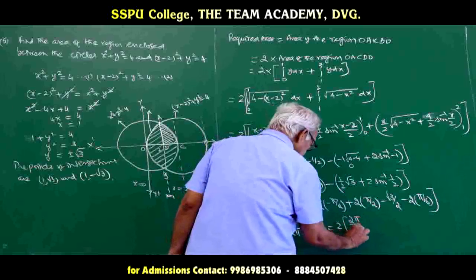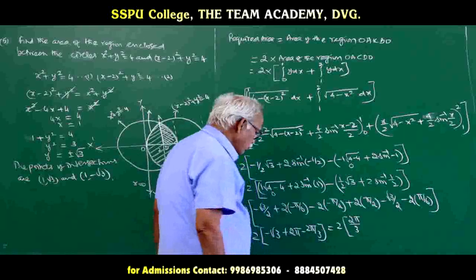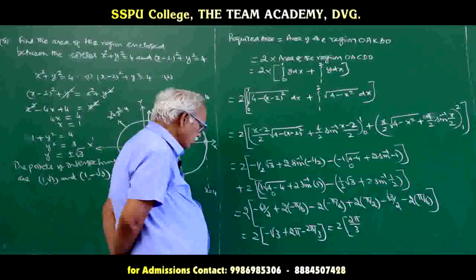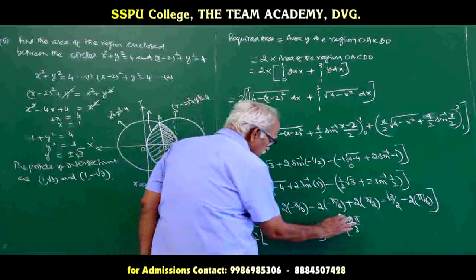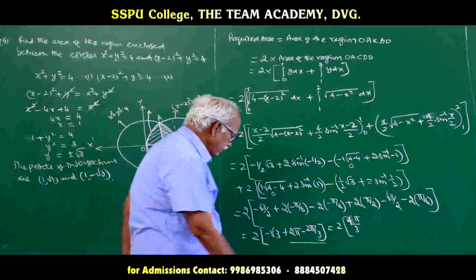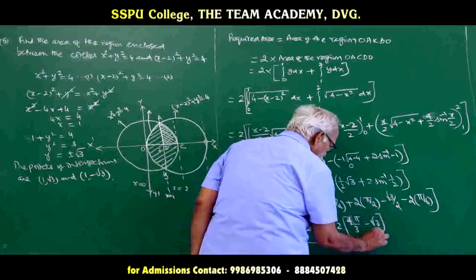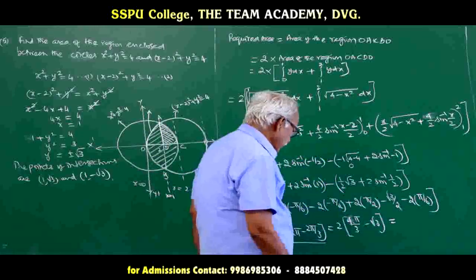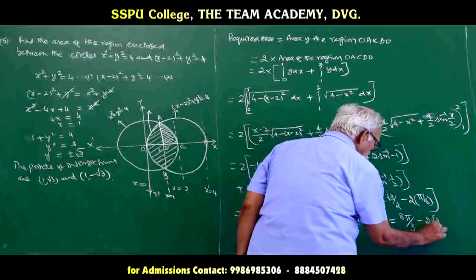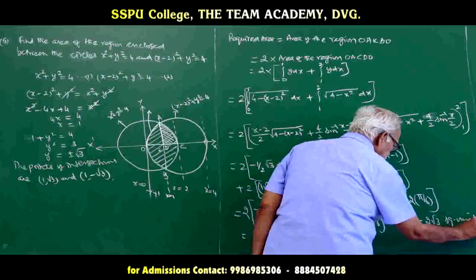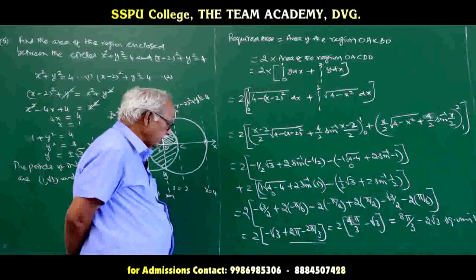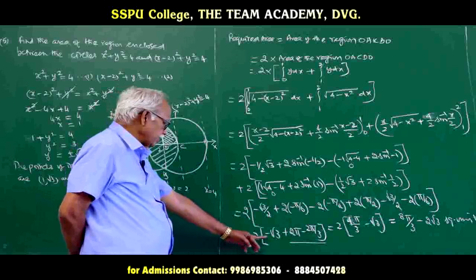What is the value? 6 pi minus 2 pi, that is 4 pi by 3. The simplification of this is 4 pi by 3 minus root 3. Now, you will get 8 pi by 3 minus 2 root 3 square units. So, 2 multiplication, minus root 3.